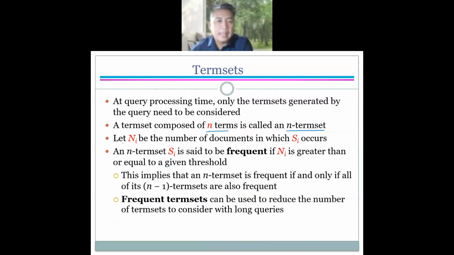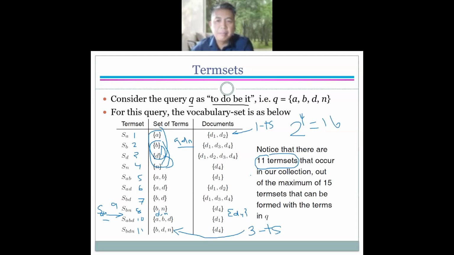And let ni be the number of documents in which si occurs. So this is the number of documents that we have. So this is ni. So this one is 2, this is 3, this is 4, and then this is 1, 1, 2, and 3.